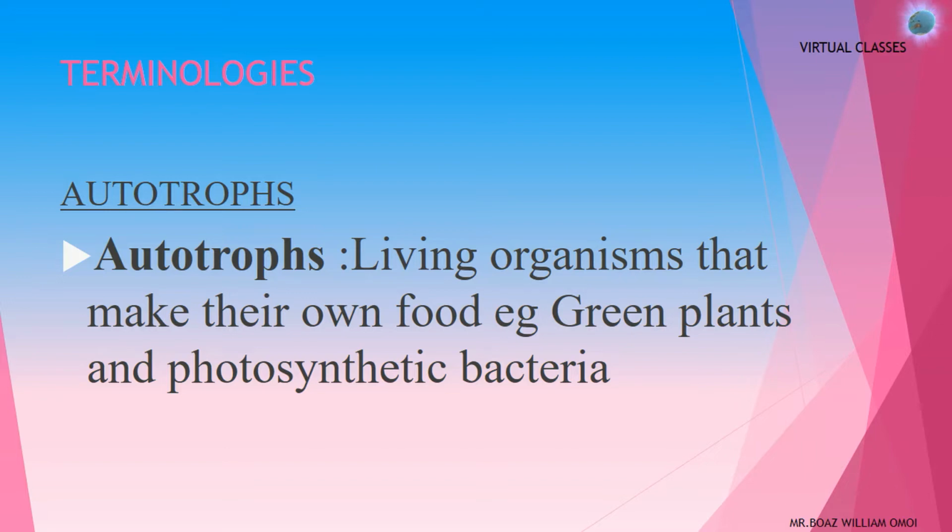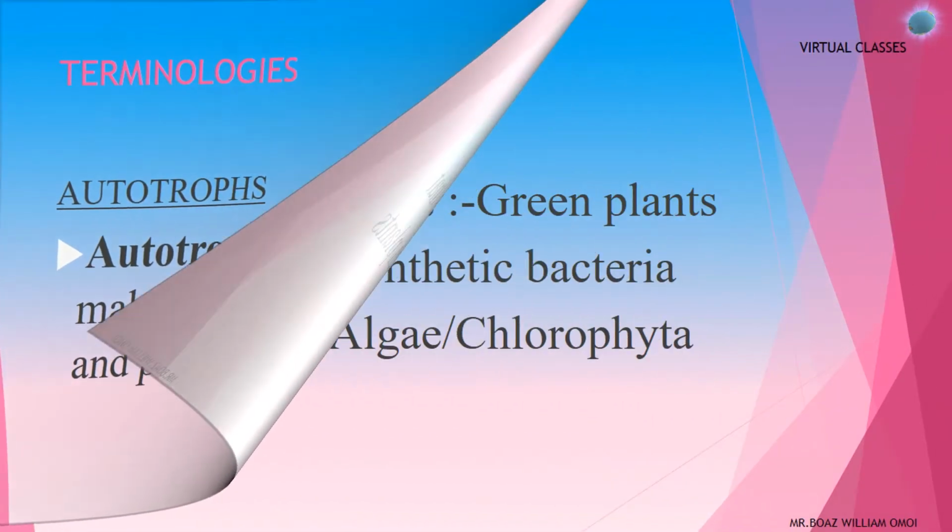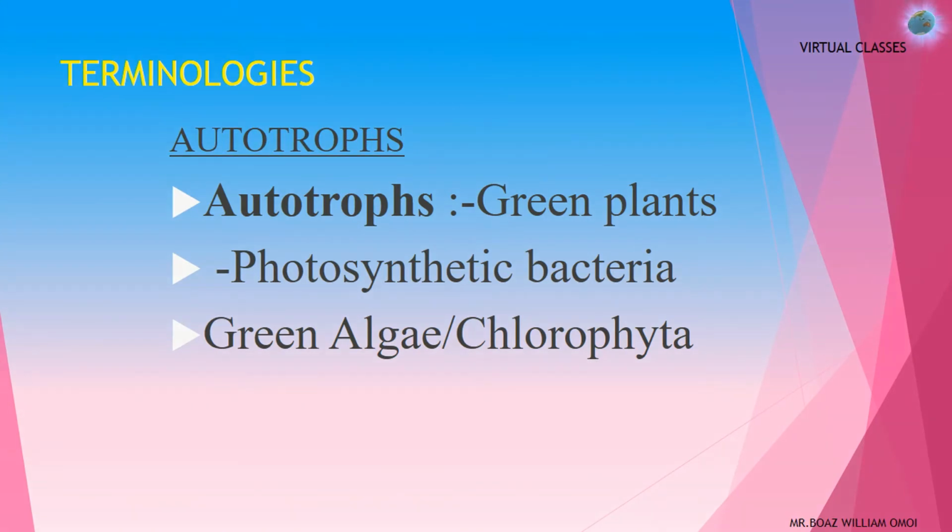Examples, we have green plants. Green plants manufacture their own food, therefore they are autotrophs. Or we have photosynthetic bacteria and green algae, they also manufacture their own food, so therefore they are autotrophs.